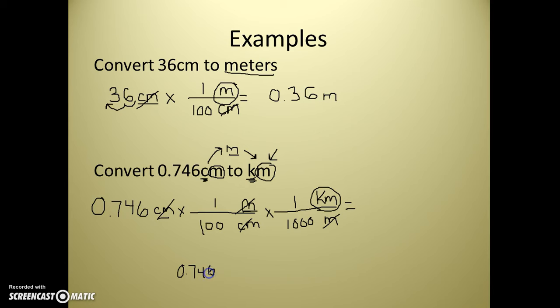And when you divide, you're going to move the decimal to the left. So we're going to move the decimal to the left 2 places for 100. 1, 2. Then we have to divide by 1,000. So now we're going to move it 3 more places to the left. 1, 2, 3. Which gives us a final answer of 0.